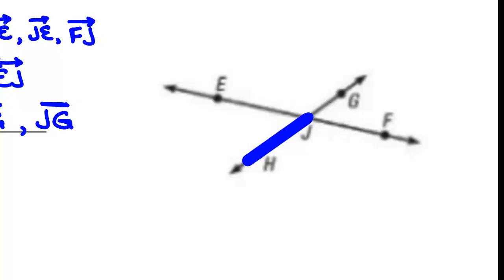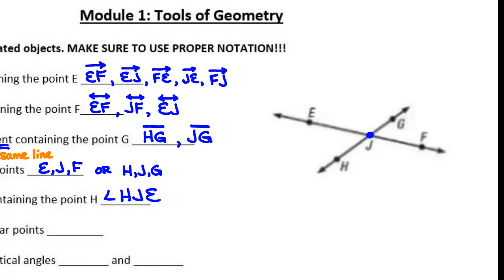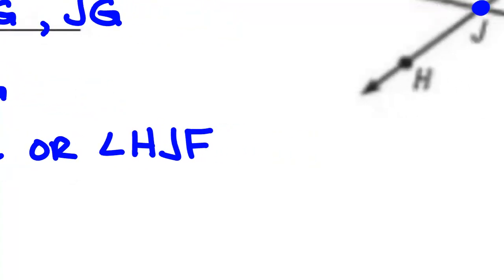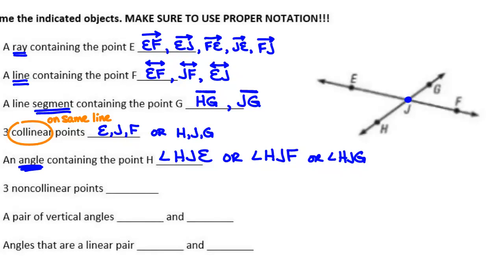Or you could have angle what? HJF. I heard HJG, that would be considered a straight angle. But I would encourage you to stay away from straight angles because it tends to cause confusion later. But I would count HJG as an angle that contains point H.